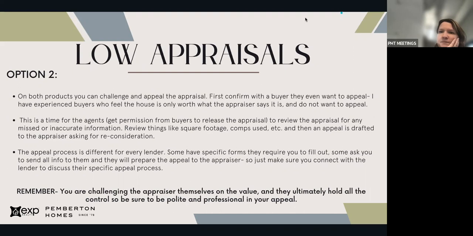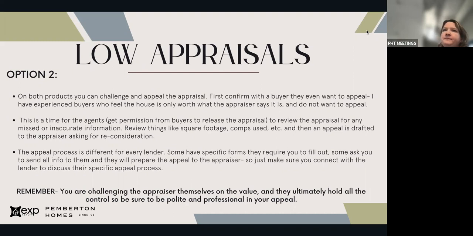Some of it is the approach you take with the appraiser, and like Kassie just said, be polite and professional, don't be accusatory, you know. Like, you're such an idiot, how did you miss the fourth bedroom? Even if you feel like they're an idiot. Appraisers are human as well, and stuff can get missed.